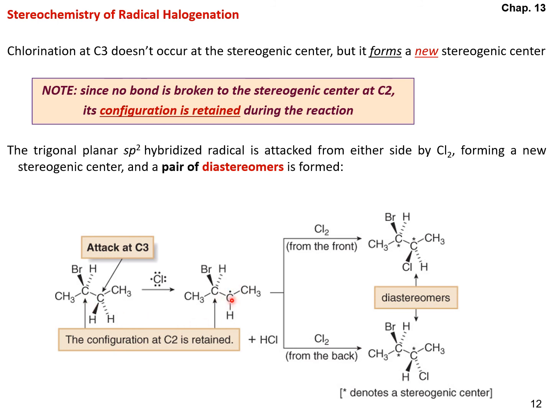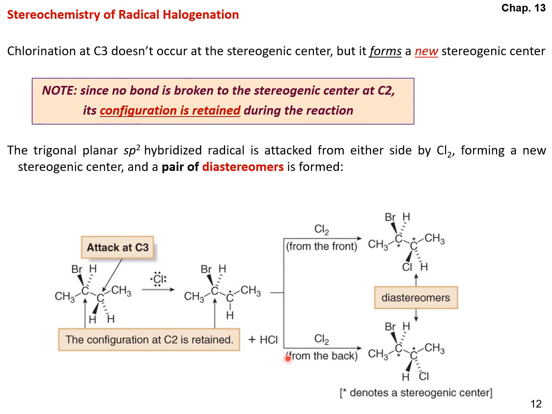I generate a radical, and I have the potential of attack from the front face or the back face. It wouldn't be 50-50 because this asymmetric center over here is going to make the rates slightly different from attack from the front face or the back face. Nonetheless, I will have attack from the front face and the back face.